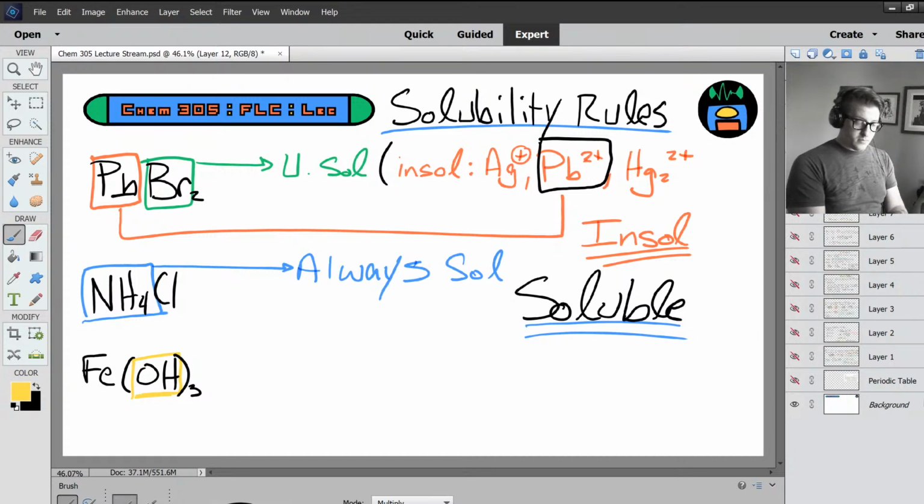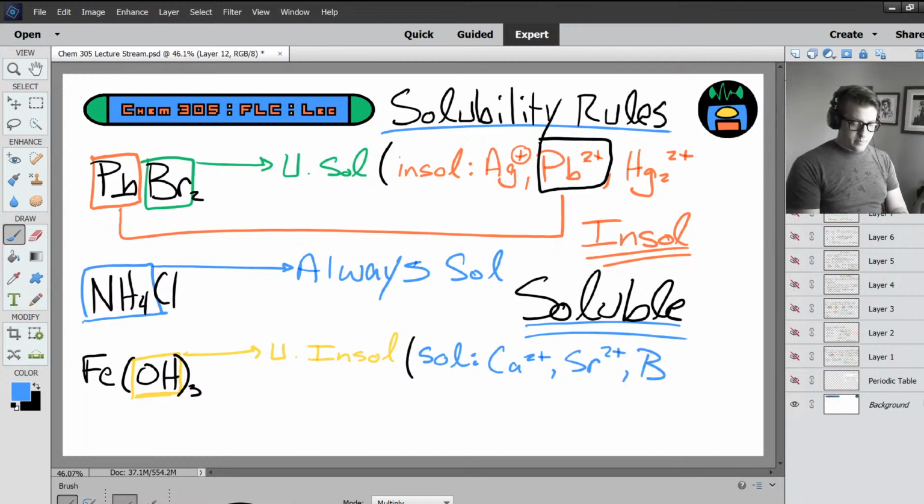So, let's talk hydroxide. Hydroxide is usually insoluble, all right? But there are exceptions. Hydroxide is usually insoluble, but it is soluble when paired with calcium, strontium, or barium. You ask yourself, is iron on that list?